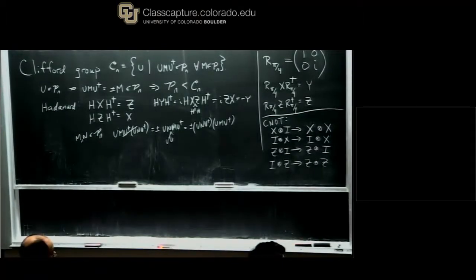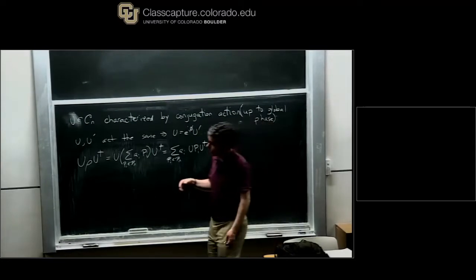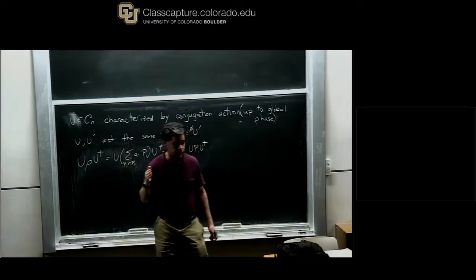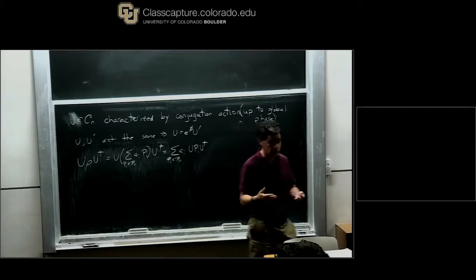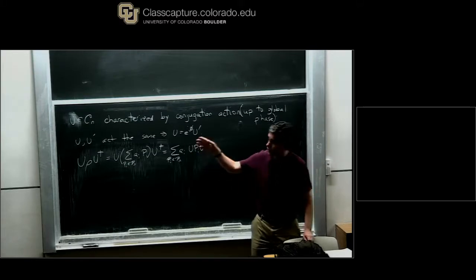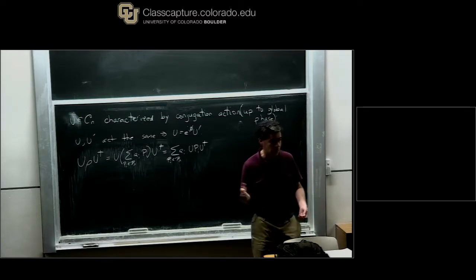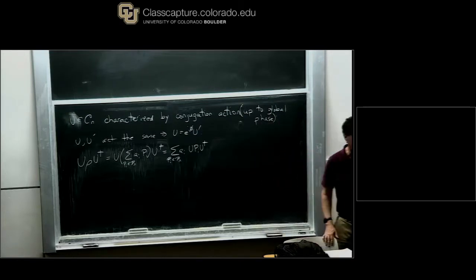Compare that to the size of the matrix, which is 2 to the n by 2 to the n. So the point is that this description in terms of generators is an efficient description in n, whereas the original 2 to the n by 2 to the n is an inefficient description. And this is something that's special for Clifford group elements. Obviously, you can't do this for an arbitrary unitary in the unitary group. There's just not enough room. But Cliffords are very special, and they have this nice property that you have an efficient description of them.